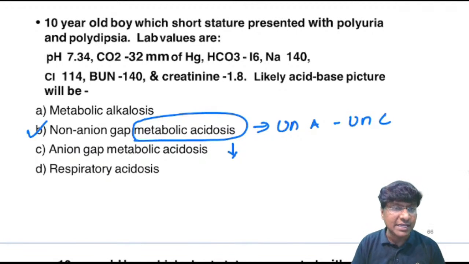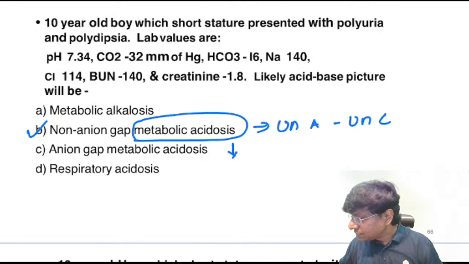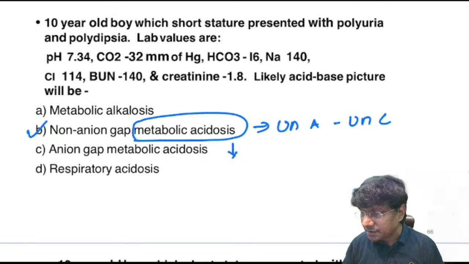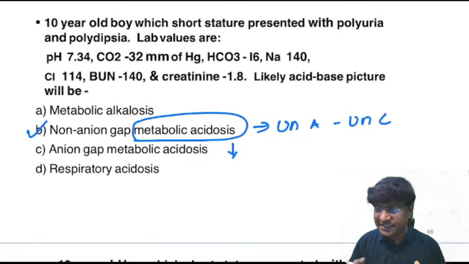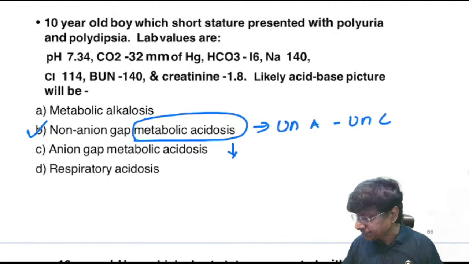That is the purpose of calculating this delta gap. So this is in response to the question asked, what is the importance of these things. That is what I am trying to explain to you.